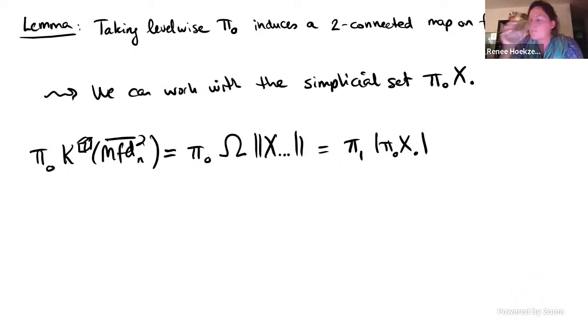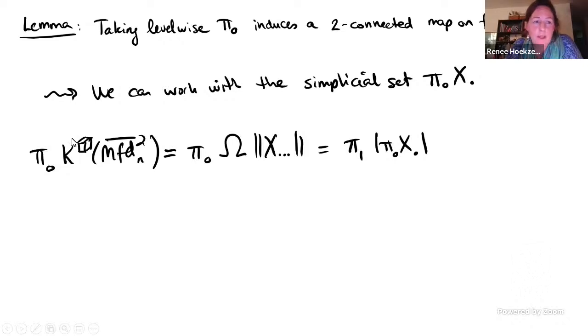Okay. So we actually want to compute something about this trisimplicial space, right? In order to make things computable, we would prefer to work with something simpler like a simplicial set. It turns out that because I've taken the discrete topology on my objects, or the vertices, I can take pi0 of this trisimplicial space, and this will be a two-connected map.